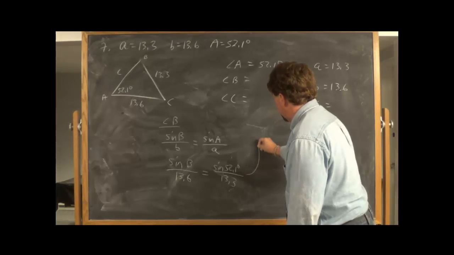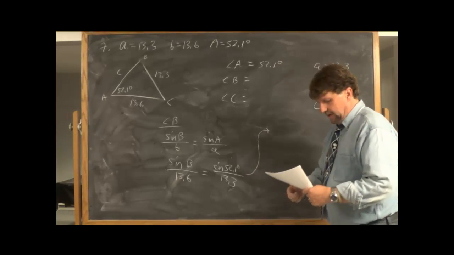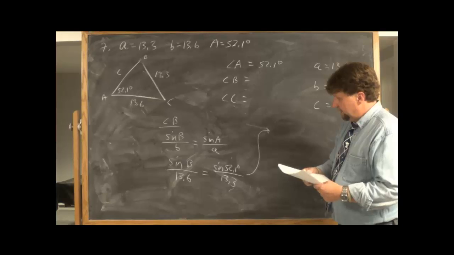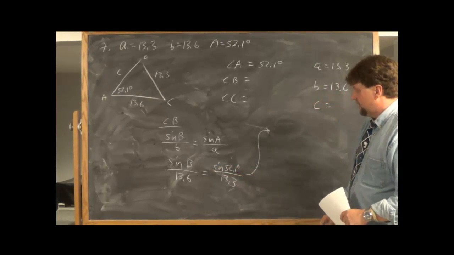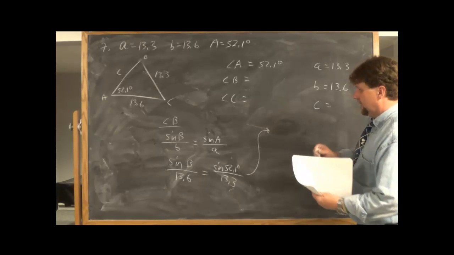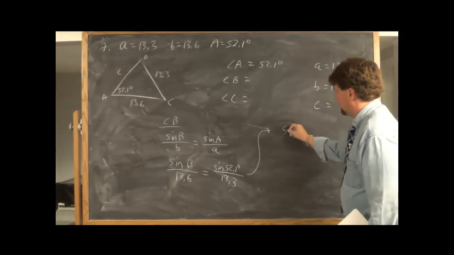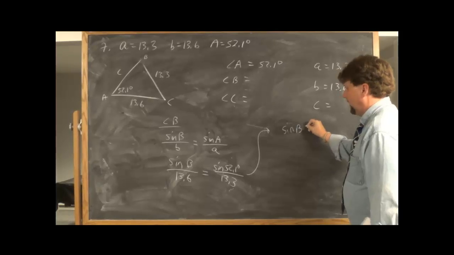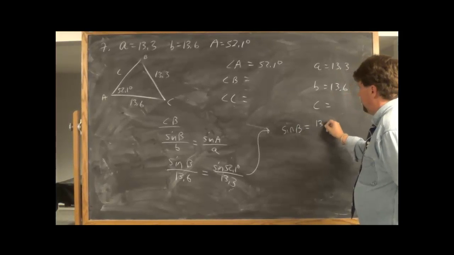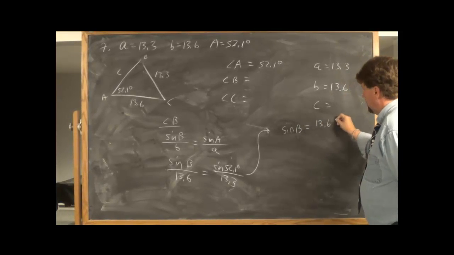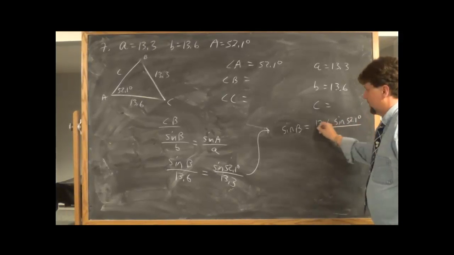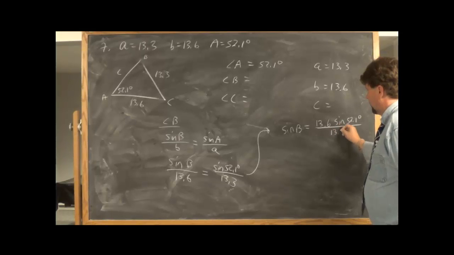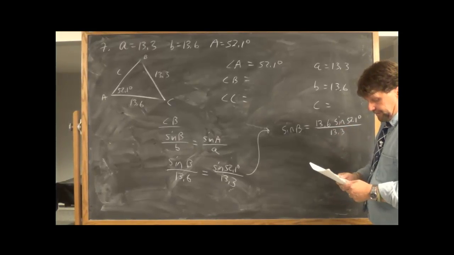At this point in time, I would multiply both sides of the equation by 13.6 to get sine of B equals 13.6 times the sine of 52.1 degrees over 13.3.